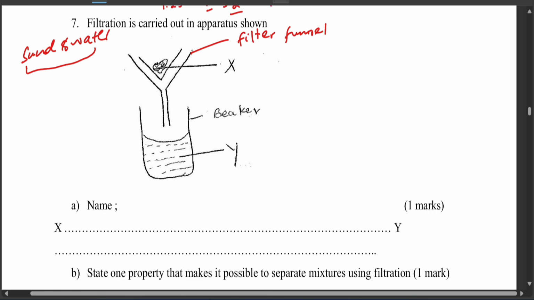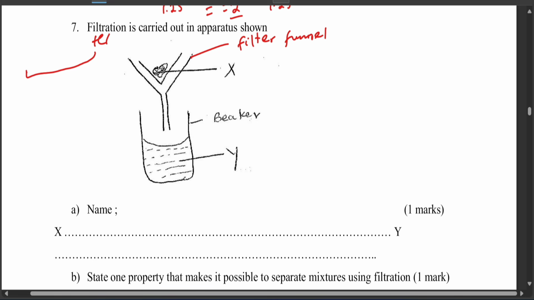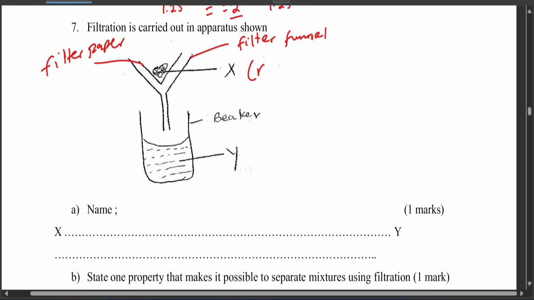So now when it undergoes filtration, we have something called the residue and the filtrate. The residue is the one that remains on the filter paper, and this is the filter paper. Okay, the filter paper, and this is the residue. Since it doesn't dissolve, it won't pass through the filter paper, it will just remain there.